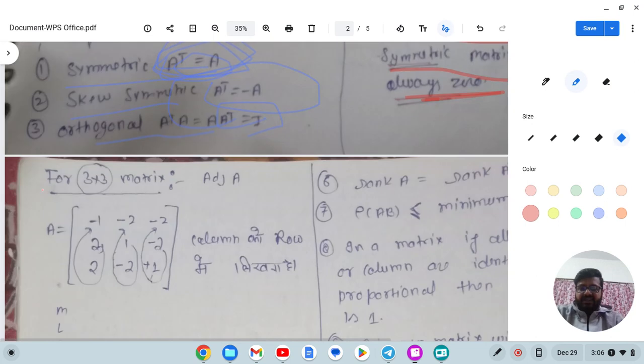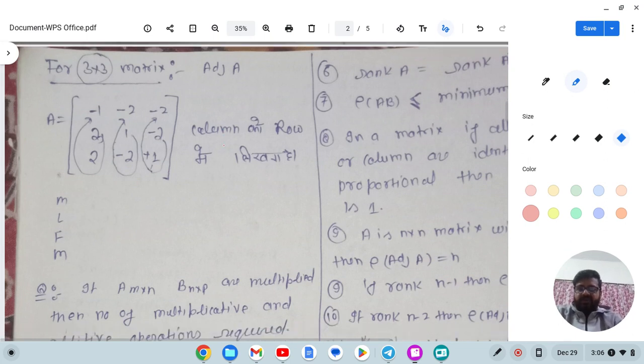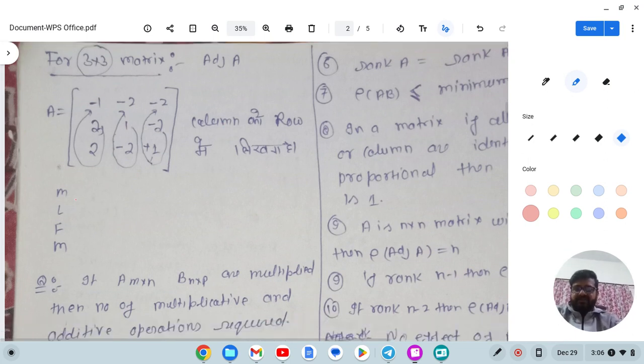Now we come to the next point, for a 3 into 3 matrix. If we have to write the adjoint of A, first we will write here 1. We will start from the middle row and middle element, then go to that point.